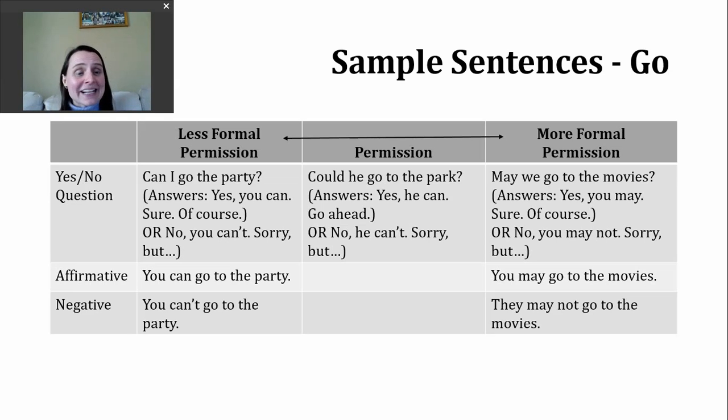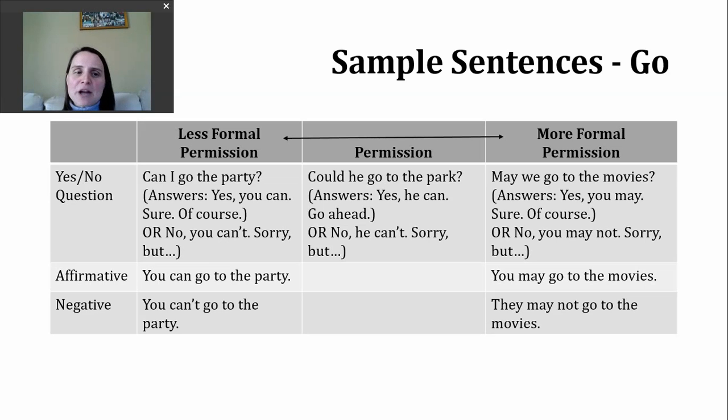So what you might hear as an answer to this question is, yes, you can. Right? So we're going to match our prepositions, we're going to match our subjects. So can I? And so I would answer back, yes, you can. Or someone might just say, sure. Another way to affirmatively say yes would be, of course.